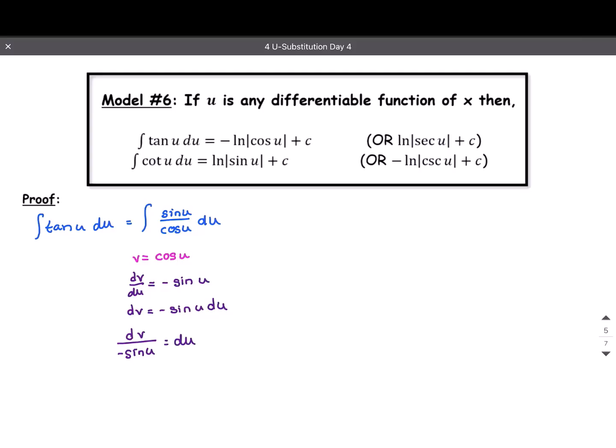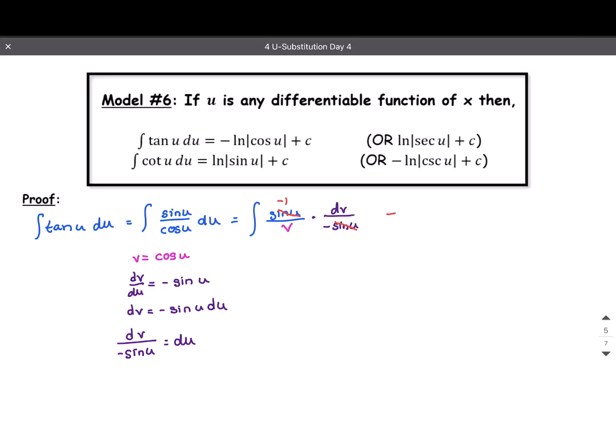Now I'm going to come back and try to substitute and simplify in this integrand. So I have the integral of sine u over, now wait a minute, my cosine u is my v, times my du, which is dv over negative sine u. Okay, so my sine u's cancel, but there's a negative. They actually divide to -1.